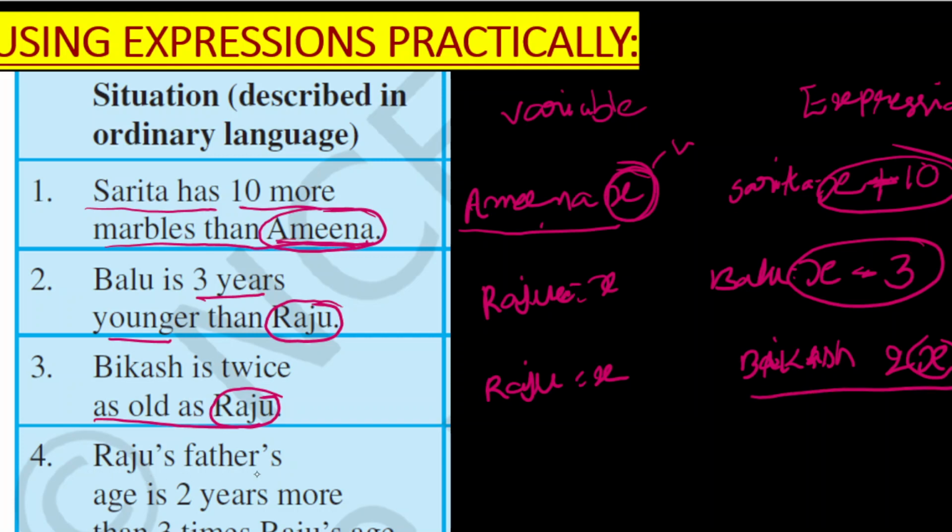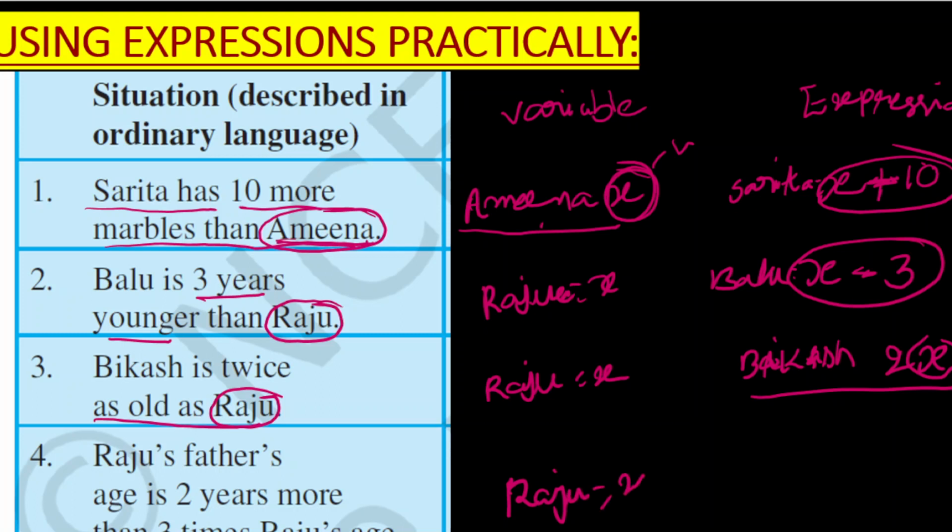Suppose Raju's father's age is 2 years more than 3 times Raju's age. Here Raju's father's age depends upon Raju's age. If we know Raju's age, then we can say Raju's father's age. So let's take Raju's age as x.